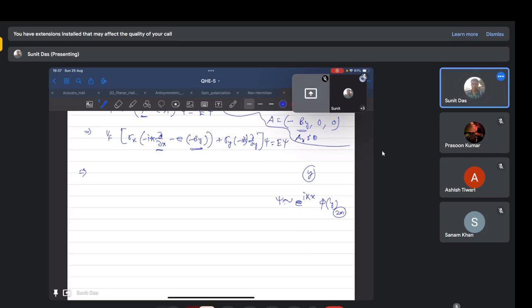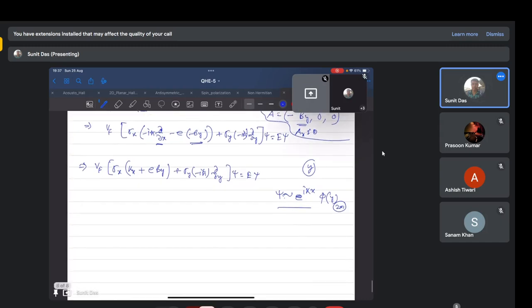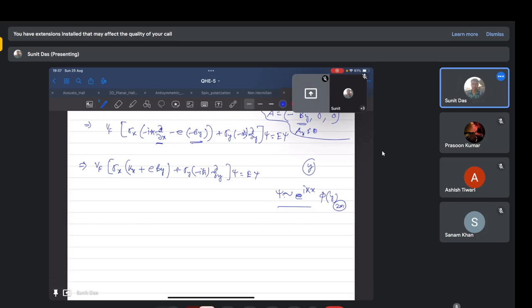So if we use this psi, then we have h bar Vf sigma x (h bar kx plus eBy) plus sigma y (minus i h bar del y) psi equal to E psi, right?